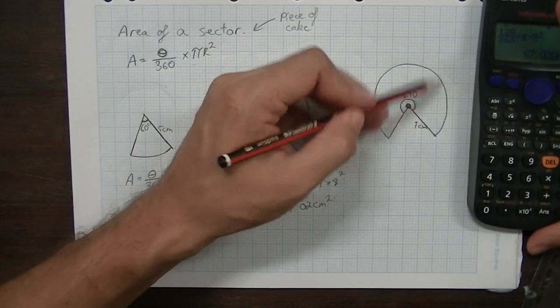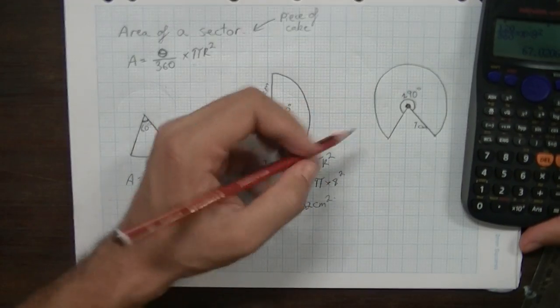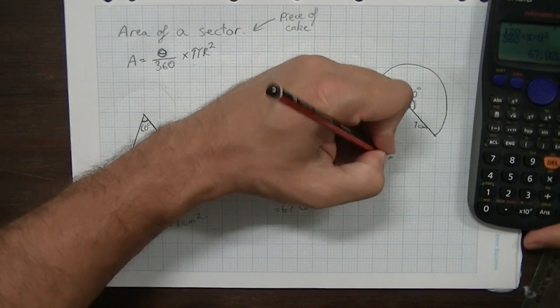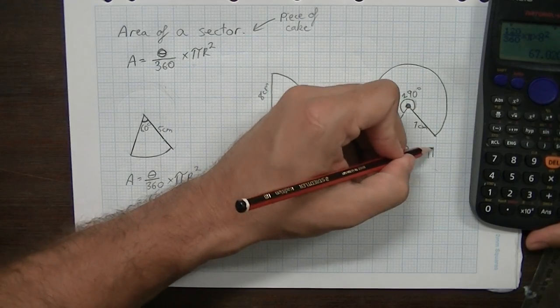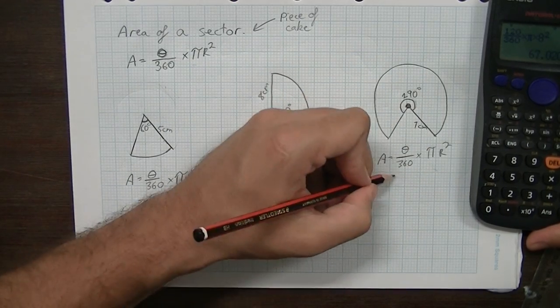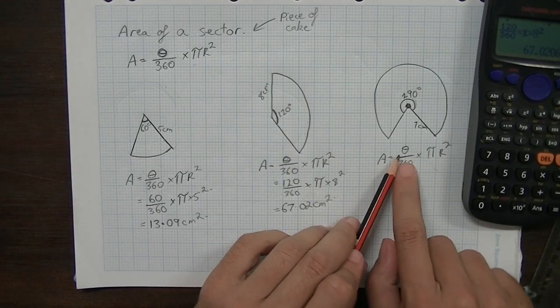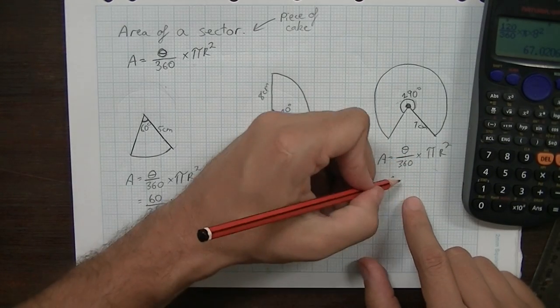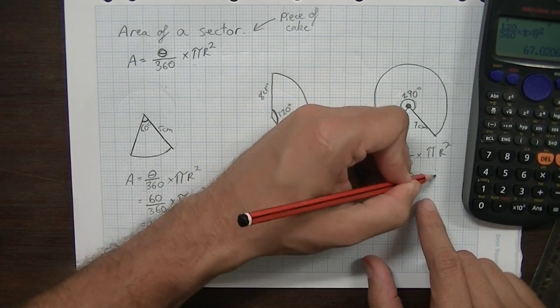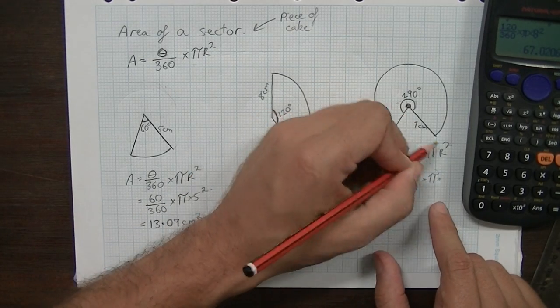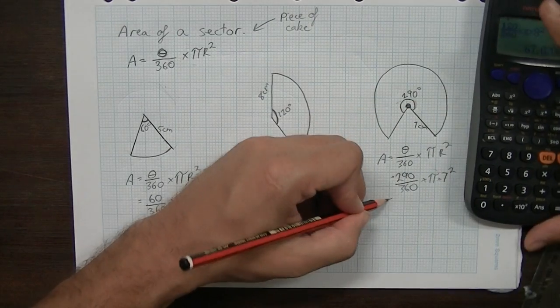Finally, this big piece of pie here, we get an area equal to theta over 360 times pi r squared. So theta in this case is 290 degrees over 360 times pi times r, which is 7 squared.